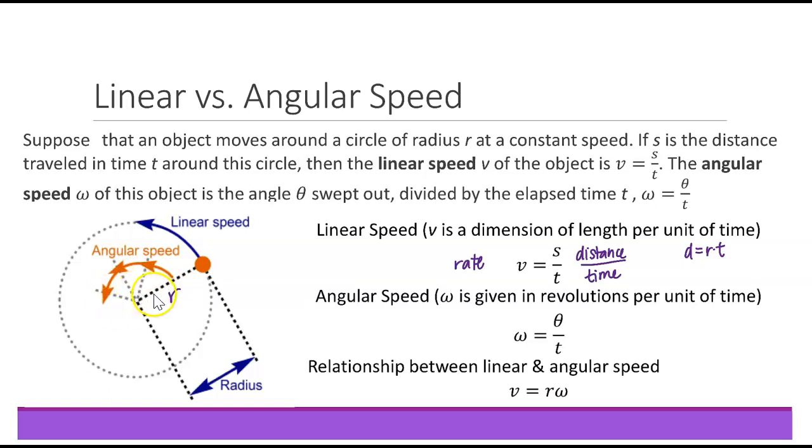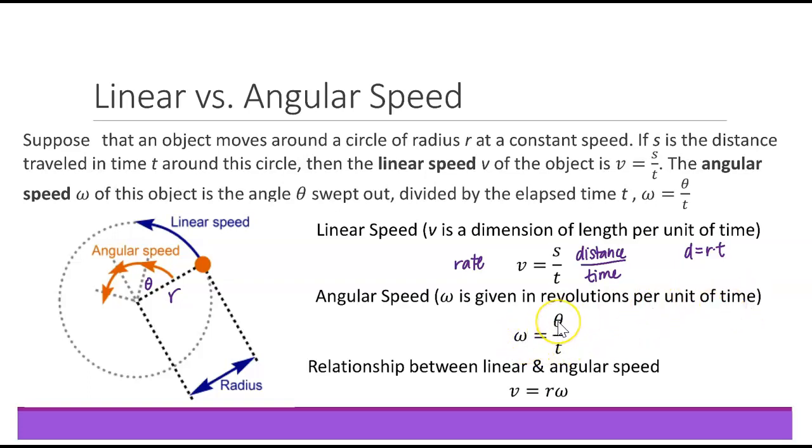That's angular speed. So this angle theta is clearly growing as I move in this counterclockwise direction here. So we're interested in how much that angle is growing as time has passed. So angular speed, omega, is given in revolutions, so we're talking about that angle theta in revolutions per unit of time.